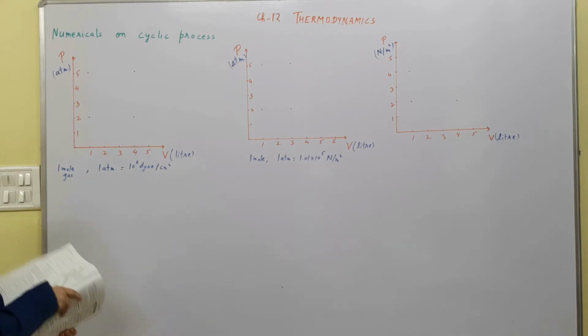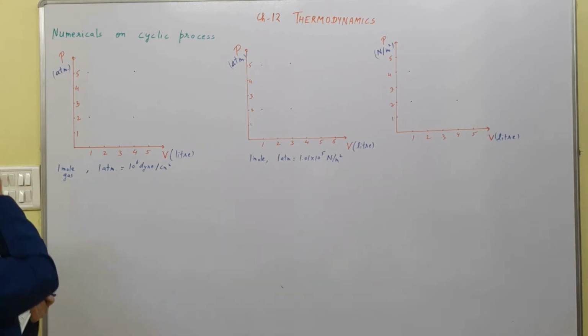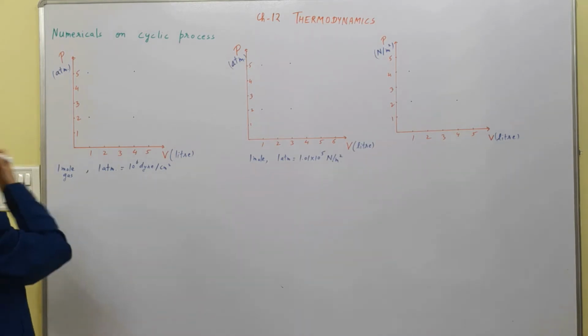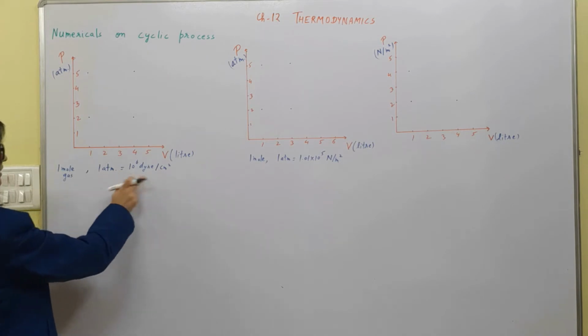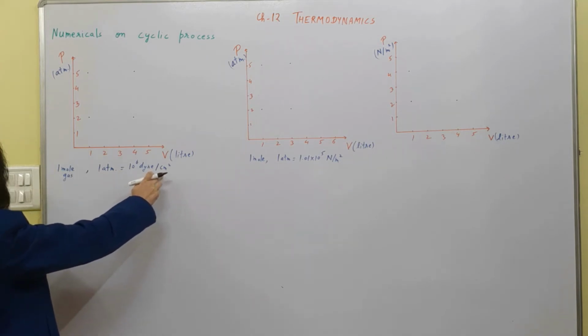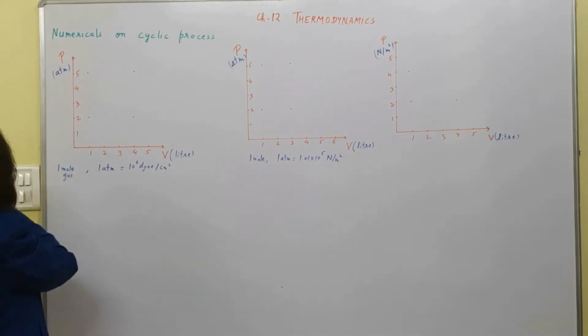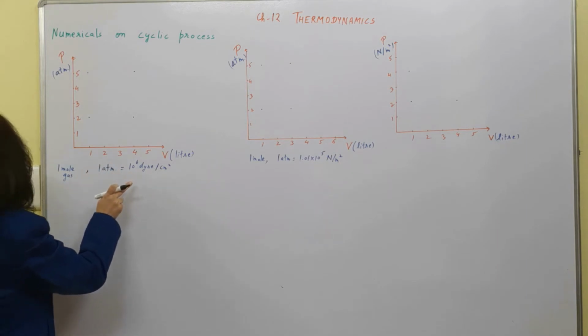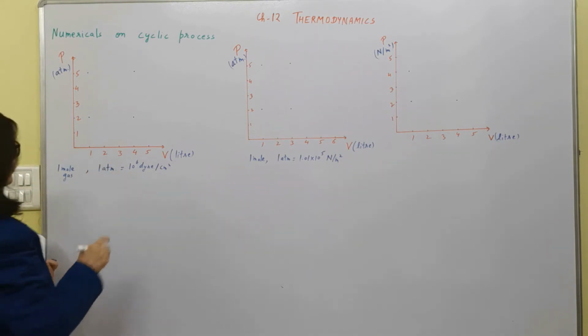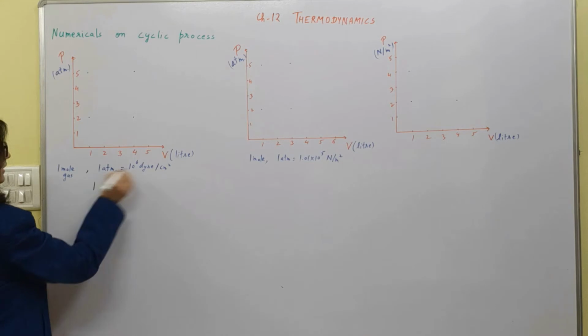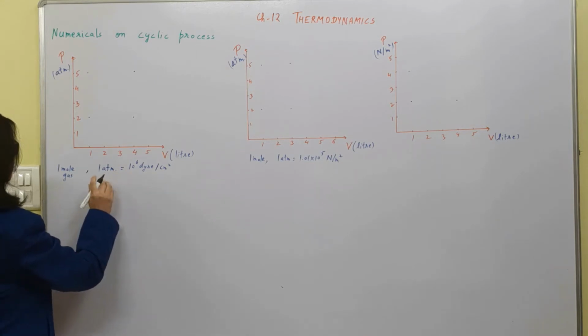That means it is clear that you have to find out the work done in ergs, because 1 atmosphere is given in 10 to the power 6 dyne per centimeter square, and here you have to convert this volume also in centimeter cube. So you need to know the conversion factor for centimeter cube also.